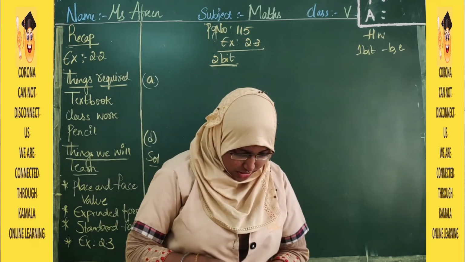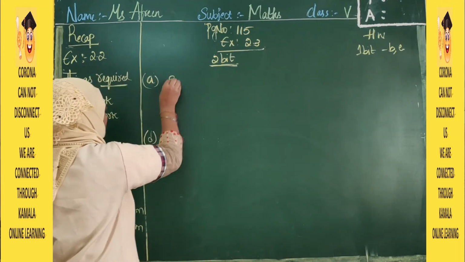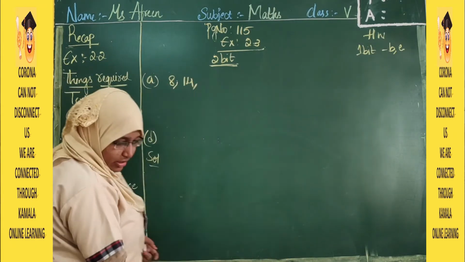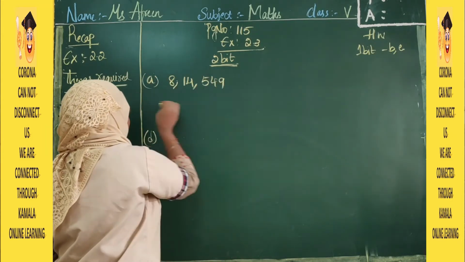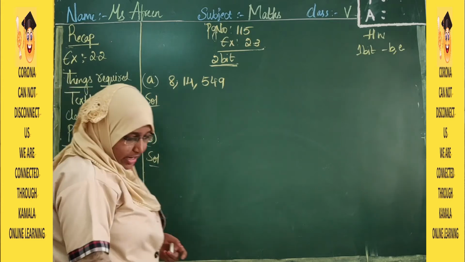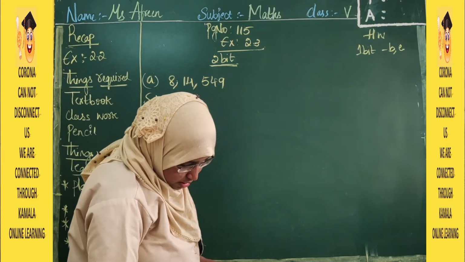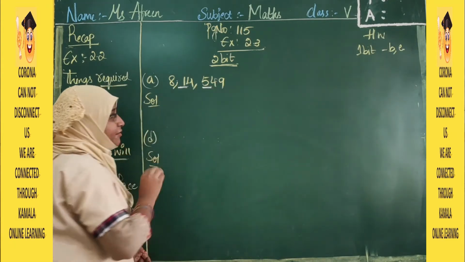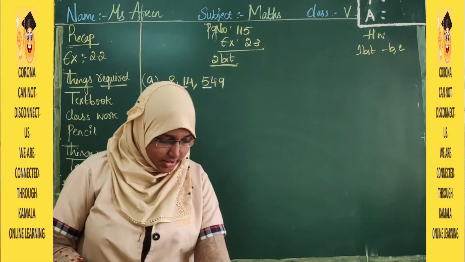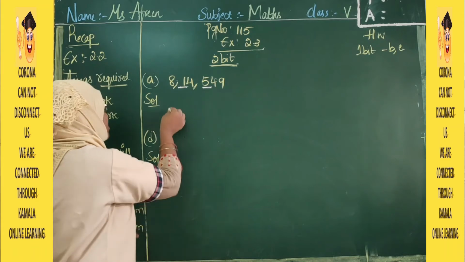If you see the first one, 8,14,549. Here the color digit is 8 and 5. What they are saying to write? Place value of the color digit.